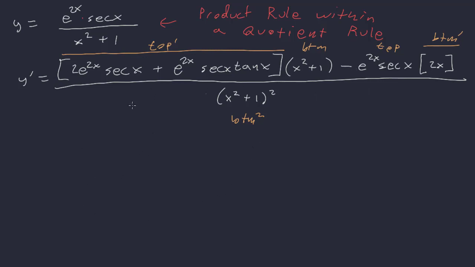Now, if we wanted to simplify, there's one major way we could, in that every piece here shares e to the 2x secant x.